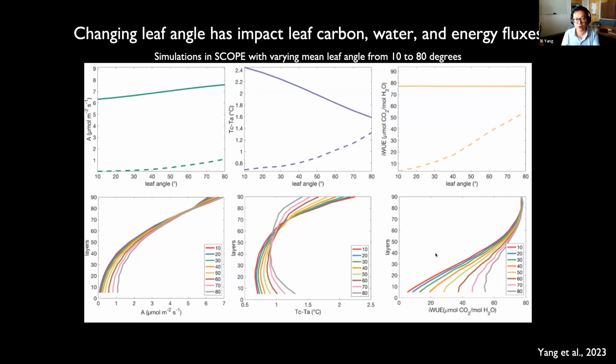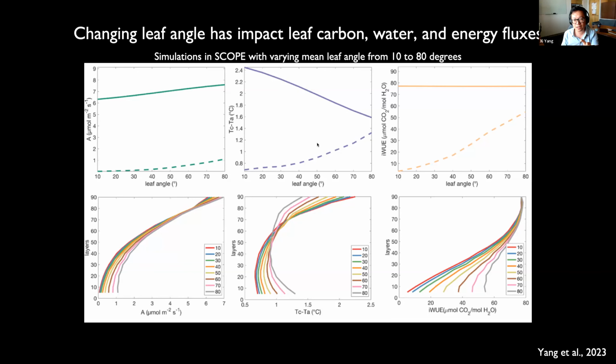This is from a model called SCOPE with 90 layers, and you can see as the mean leaf angle gets larger and more vertical for the whole canopy, there is an increase in photosynthesis at both top of canopy and lower canopy, increasing intrinsic water use efficiency.